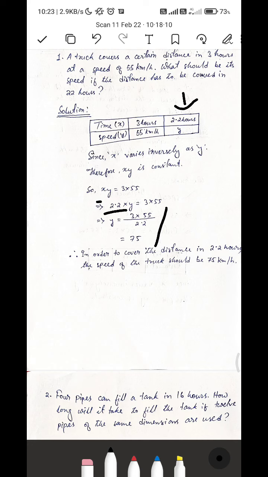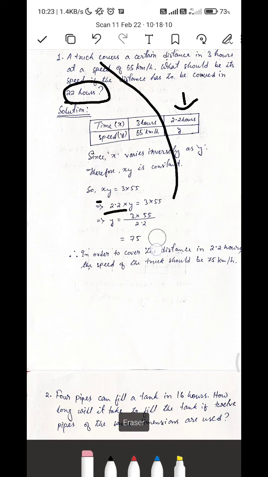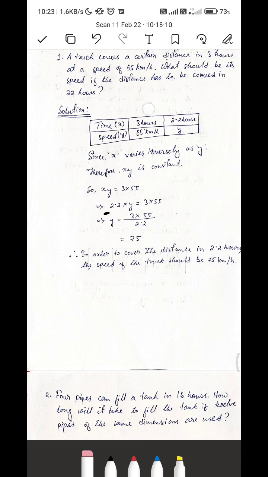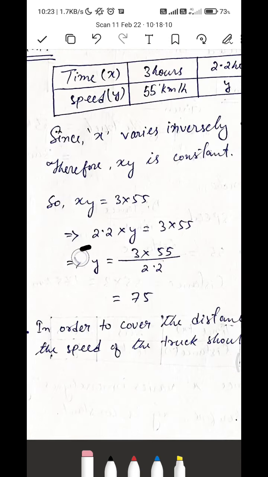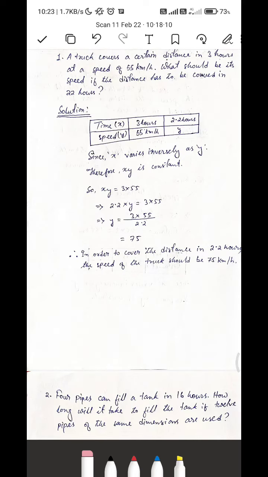So in order to cover the same distance in 2.2 hours, the truck must move at a speed of 75 kilometers per hour. Please pause the video and note down the solutions. Next.